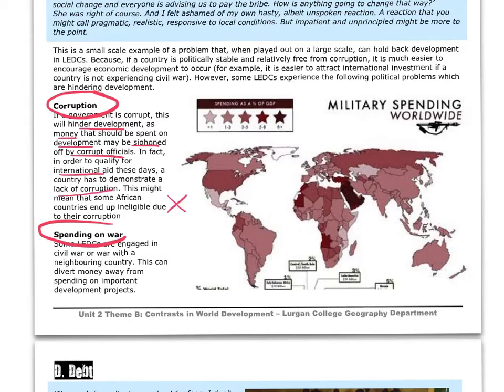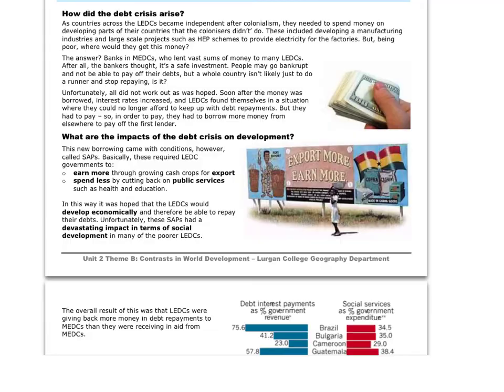That means that there are actually a few countries in Africa that are struggling to get the likes of debt relief because of the corruption that is going on there. Then there's the spending on war, civil war and the neighbouring country. If you have a look over here, the countries that are spending most on war, well, there's America, there's Russia, but you can see that a whole bunch of these in Africa as well are spending a lot of money on war. A lot of their GDP is spent on that.